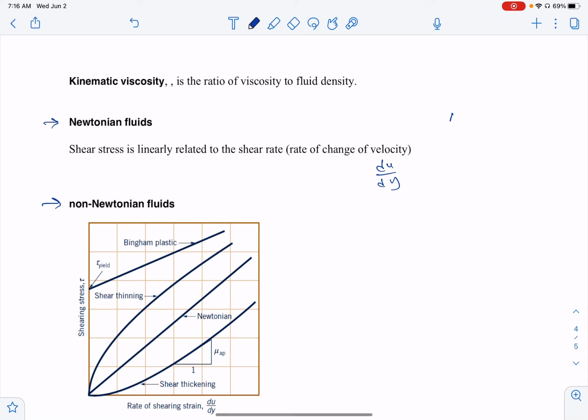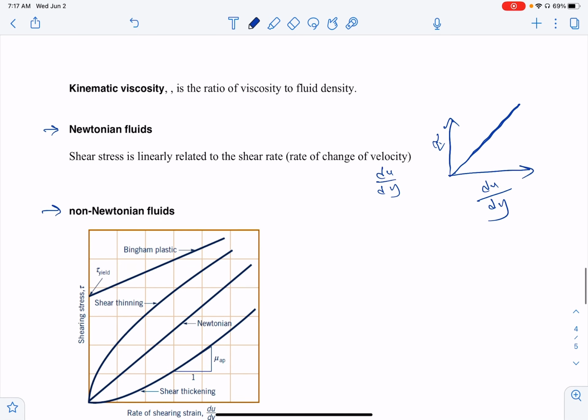If I draw it to show you, if this is tau, which is shearing stress, and this is du by dy, when it's Newtonian, it's going to be linear.